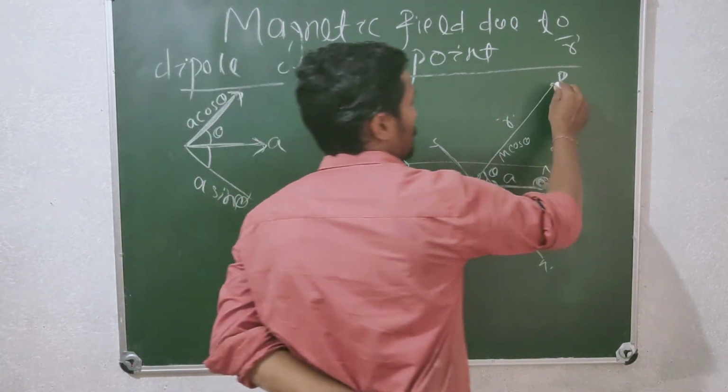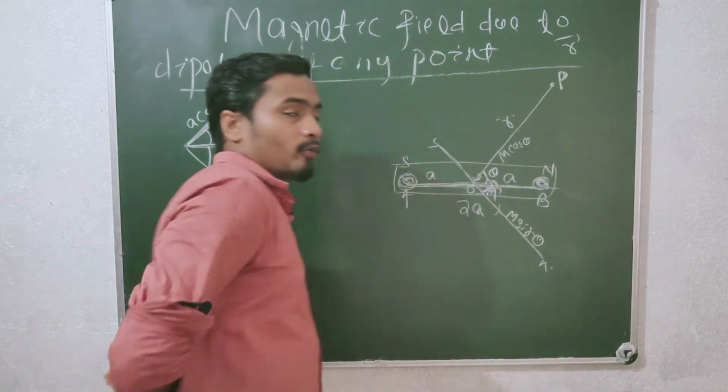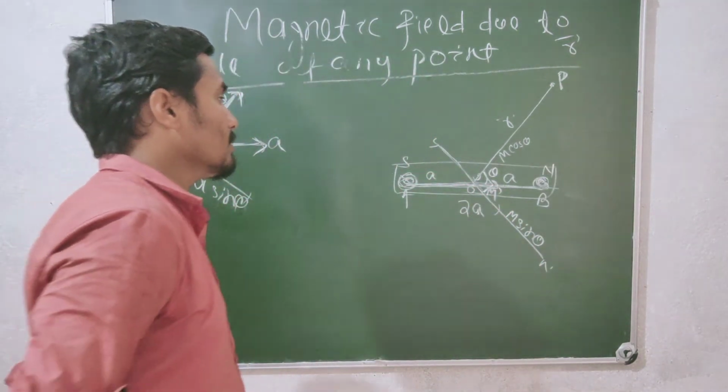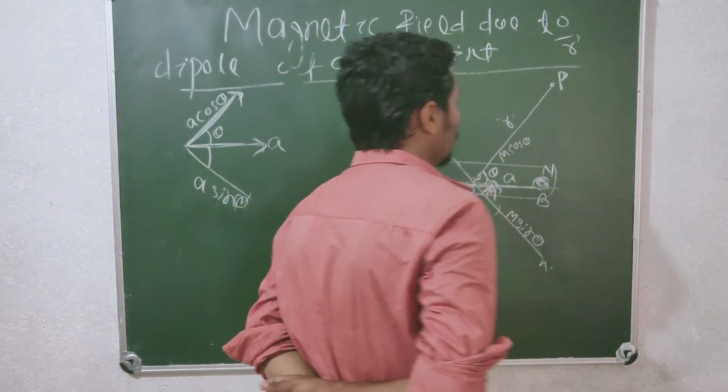Now P is the point at which we have to find the net magnetic field. Look at the figure.